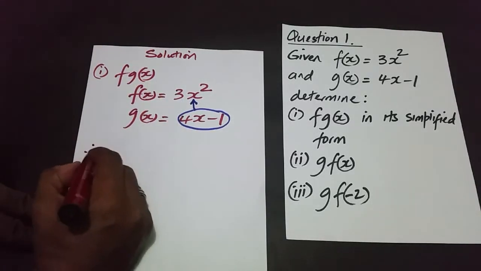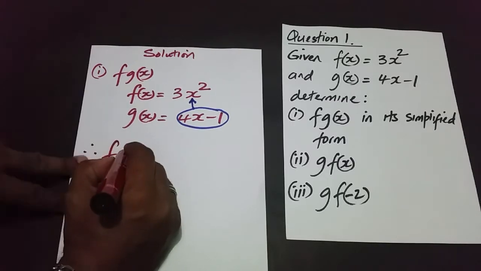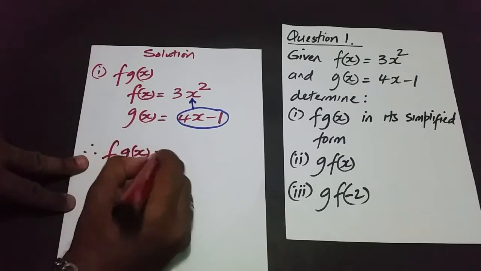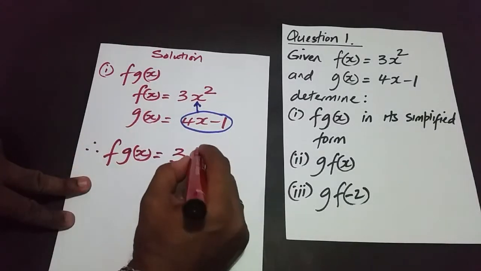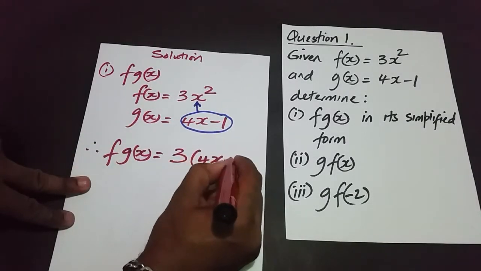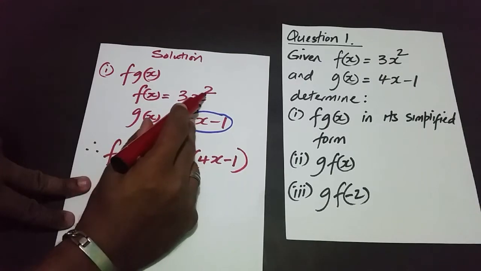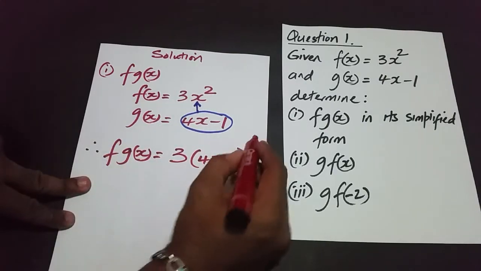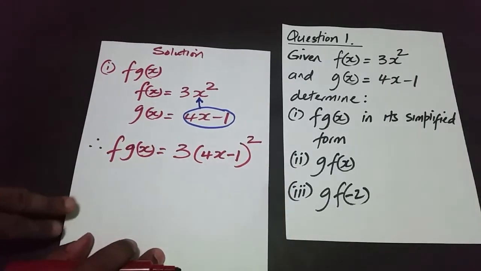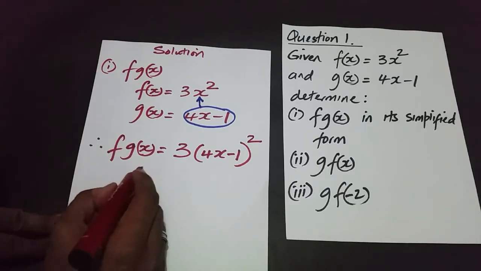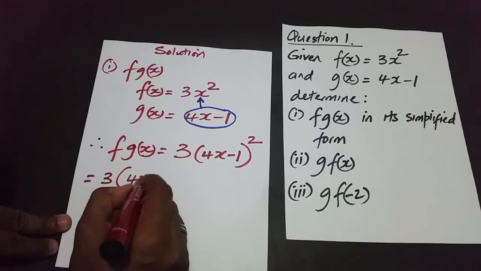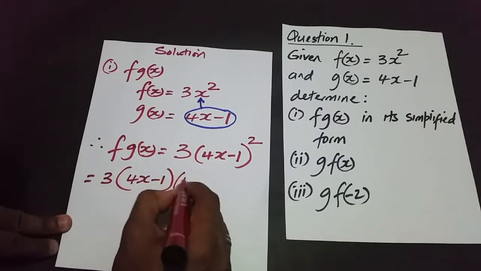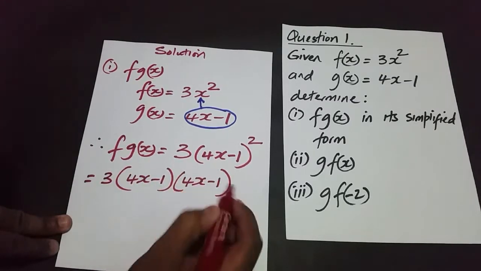So therefore, f of g of x simply means 3, and instead of writing the x now, I'm going to put in bracket 4x minus 1, but the x is squared, so if I'm replacing this with x, then this has to be squared as well. So what we're going to have here essentially is 3 times 4x minus 1 times 4x minus 1.